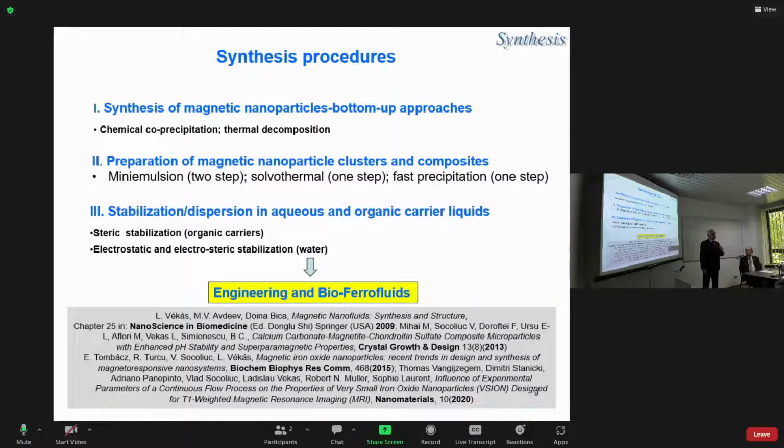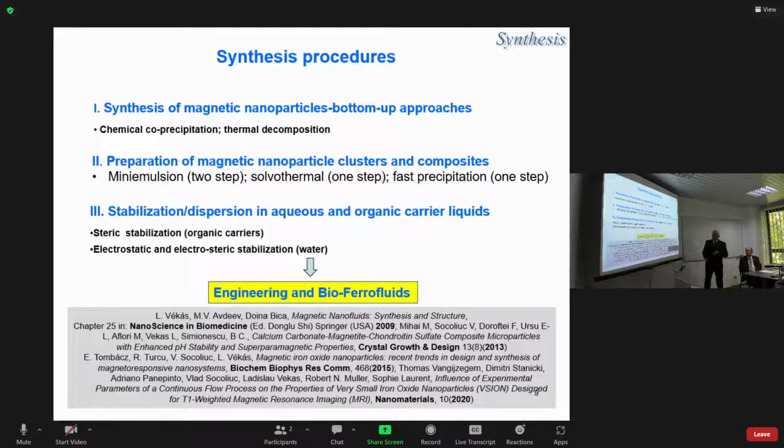Also thermal decomposition, which is a little bit more precise, gives you very nice particles, sometimes very tricky. I cannot take the time now to explain why. But these are very interesting, and both procedures are used overall; they are the best ones in manufacturing magnetic nanoparticles.